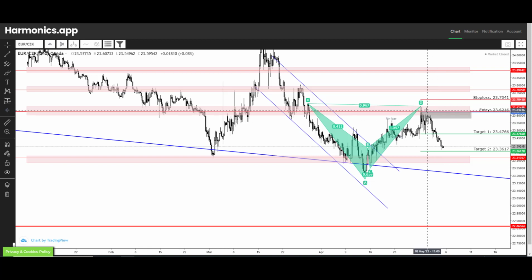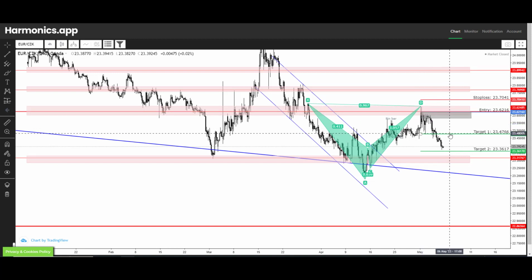Then we have a stop loss which is above this strong resistance area, and target 1 and target 2 are inside these two price levels, which means they are inside the next support and the next resistance level. That means the price should drop from here.